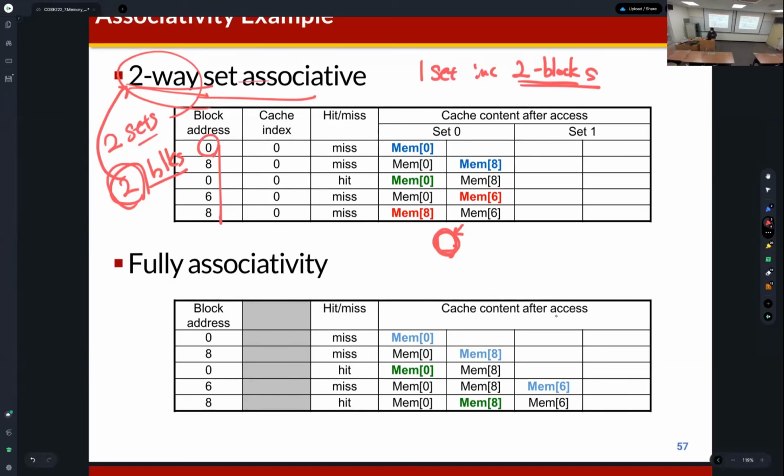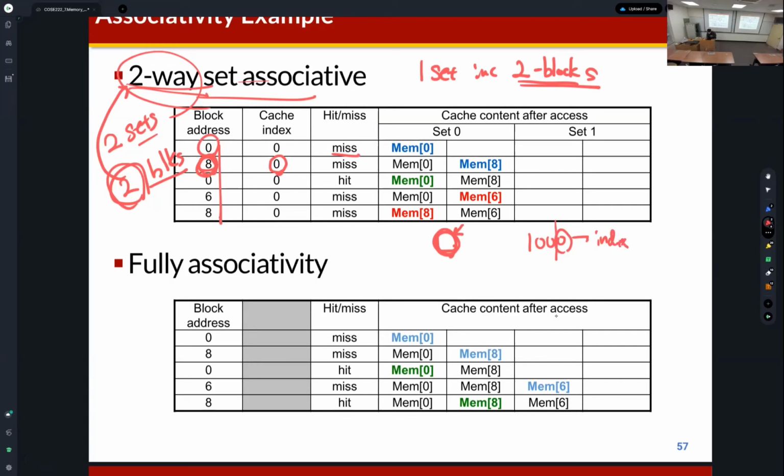Block address 0 is a miss because the cache is empty. Then 8 is accessed for the first time, so the cache index is 0, because the block address is 1000. This is the index of the cache, so it's 0.